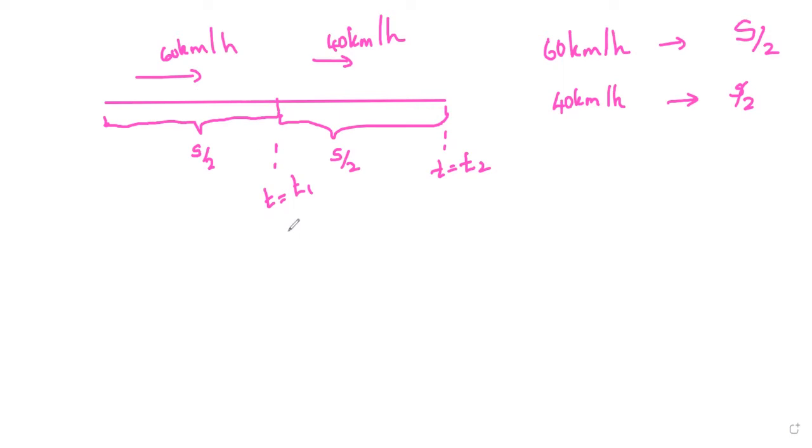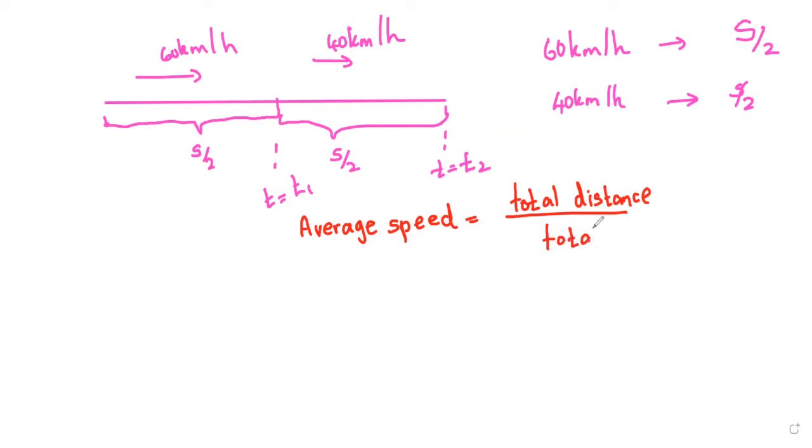I hope you have given a try. When you're considering the average speed, we have already learned that you need to remember the equation. It's going to be total distance divided by total time. I have marked it like this.